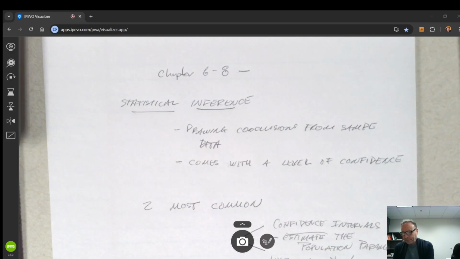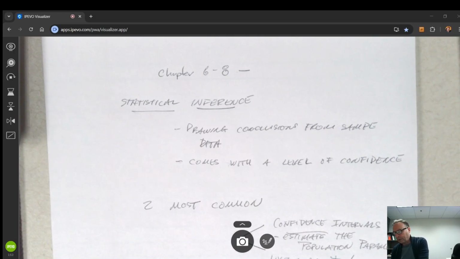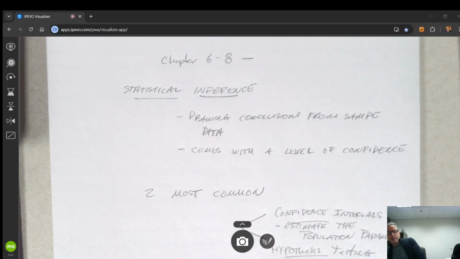The first 3 chapters were on setting up the theory for this. You remember there's 2 branches of statistics, the descriptive and inferential. Now we're on to the inferential, and I'm glad you made it here because this is what the universities are going to expect you to know, and I'll try to help you learn that.